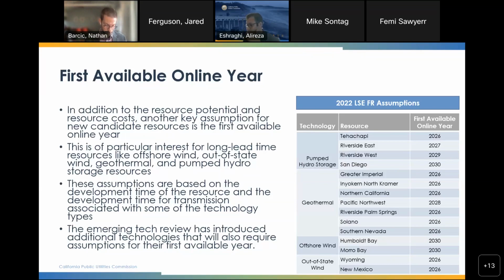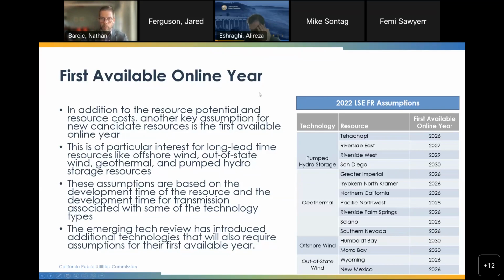For the consideration of this INA, because we're also introducing new technologies that are considered emerging technologies, we will also need to reach some consensus on the first available year for those resources as well. And so we will also be welcoming stakeholder feedback relative to those particular technologies. The table on the right represents our current assumptions on conventional candidate resources that are modeled in the current capacity expansion analysis.